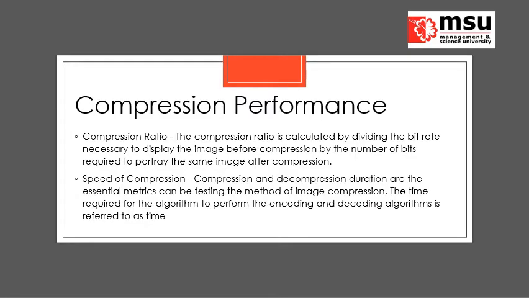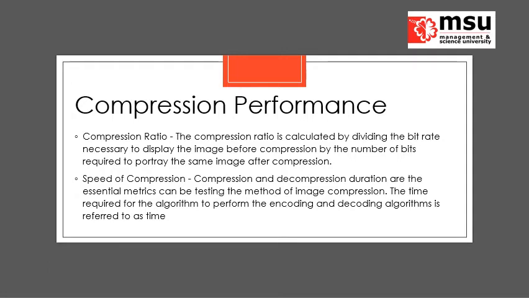Compression performance. The compression performance is evaluated using two metrics, which are compression ratio and speed of compression. Compression ratio. The compression ratio is calculated by dividing the bit rate necessary to display the image before compression by the number of bits required to portray the same image after compression.